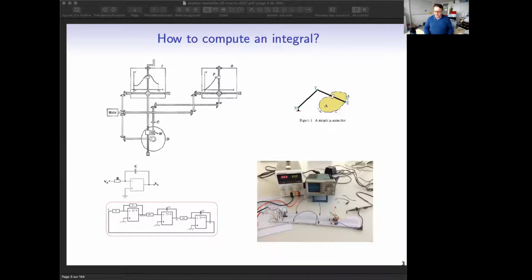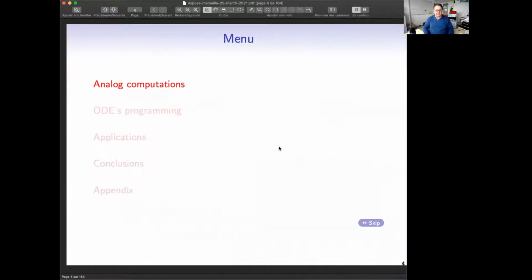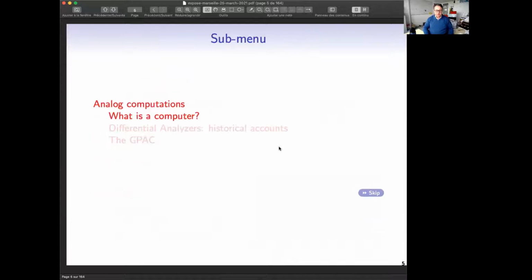And actually, when I said that I wanted to compute an integral using a computer, I have to come back to what a computer is, and come back to the very basic question for a computer scientist: what is a computer? I should also admit that there is a difference if you are English or French, because in French ordinateur and calculateur are not the same word.